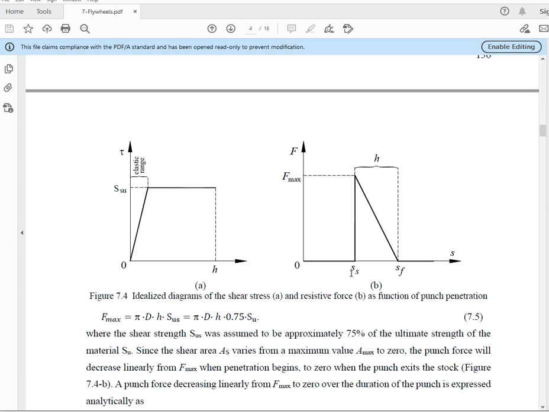Again, it's SS and F max, the order is X and Y, not the other way, like I said earlier. So SS and F max, and end of punch and zero.